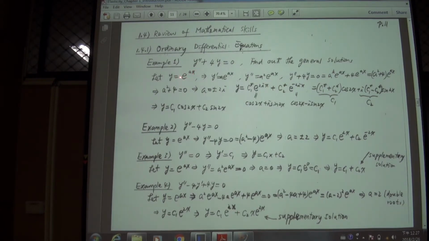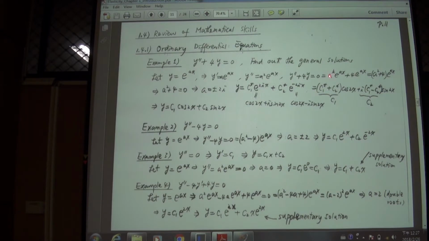Since we have assumed this form, we put it into this equation. y double prime means that you differentiate this function twice to get this one, and put it here.